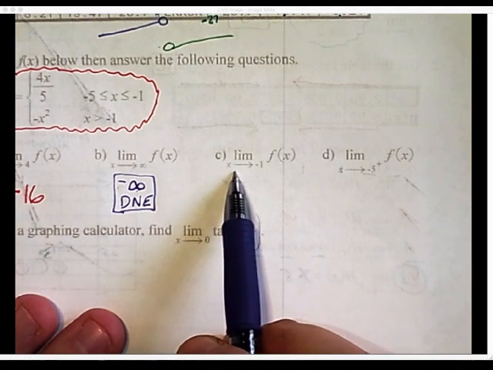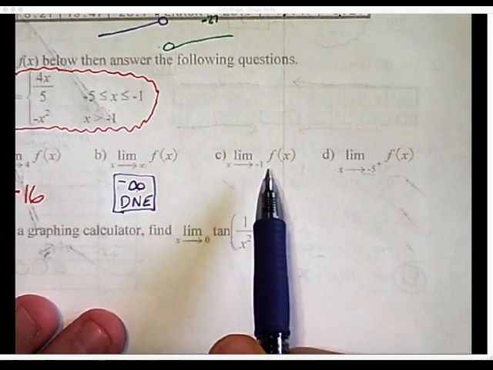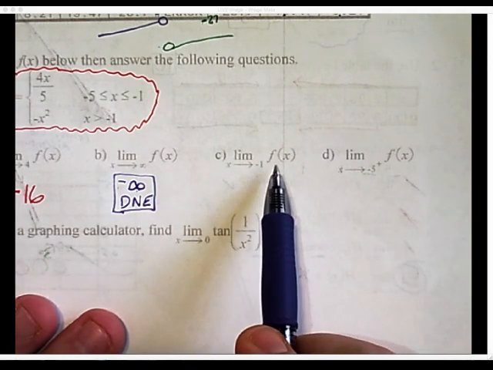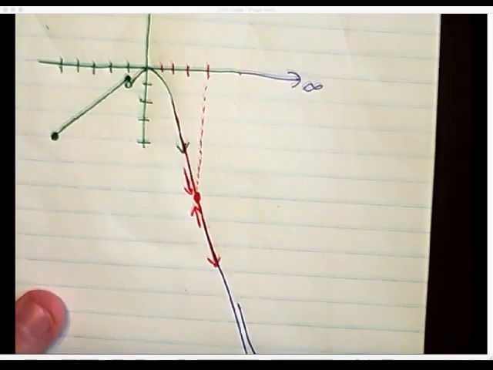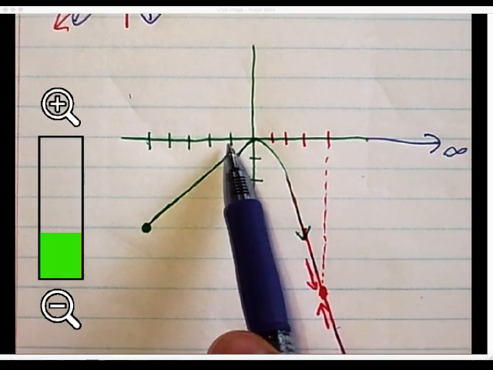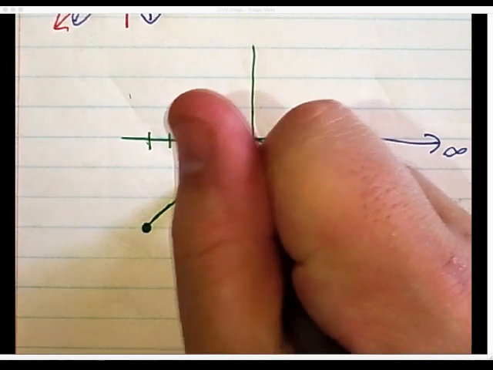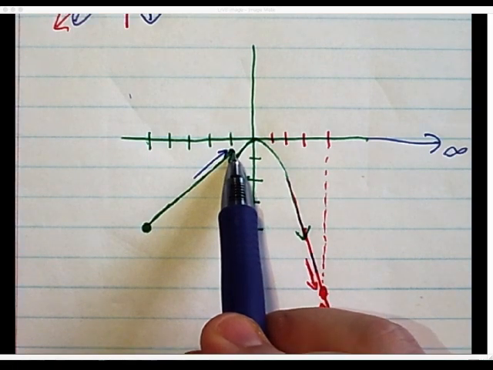What's the limit as x approaches negative 1? Now, there's no plus or minus here. So the only way this can exist is if the left limit equals the right limit. So let me zoom in here. So here was negative 1. As I come in from the left, I'm getting close to negative 0.8.